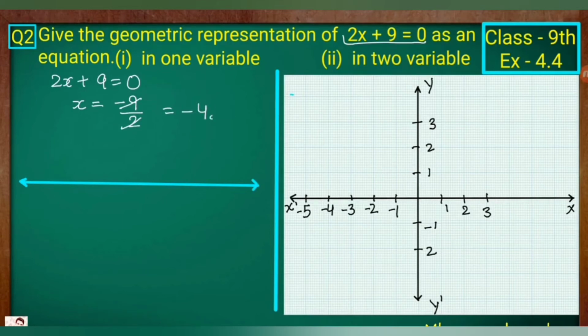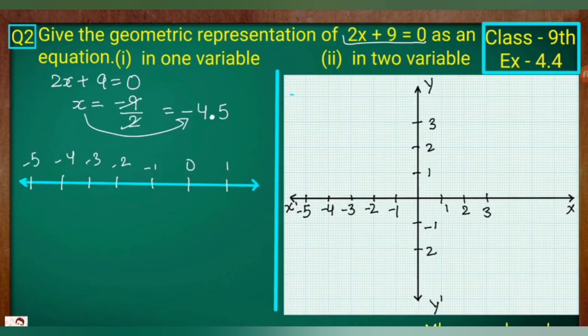So our solution is x equal to minus 4.5. Now let's mention that solution on the number line. First let me complete the number line: 0, 1, and on the left hand side minus 1, minus 2, minus 3, minus 4, minus 5.